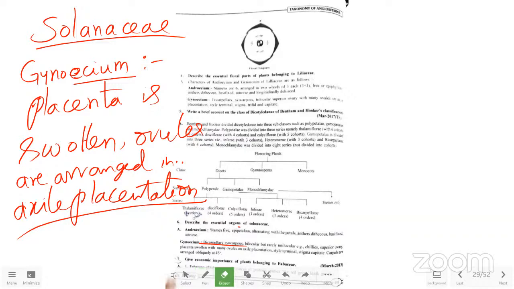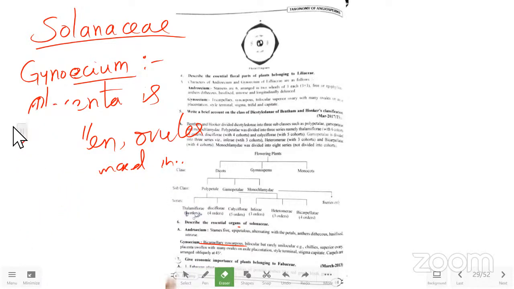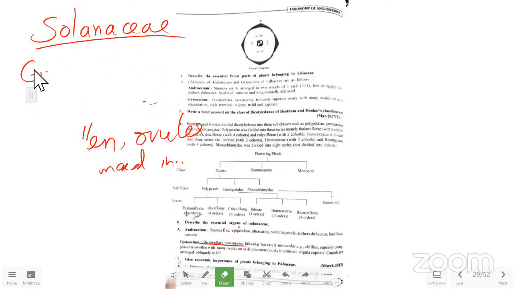So here we have to draw the diagram. How to draw the diagram? For the androecium separate, for the gynoecium separate.